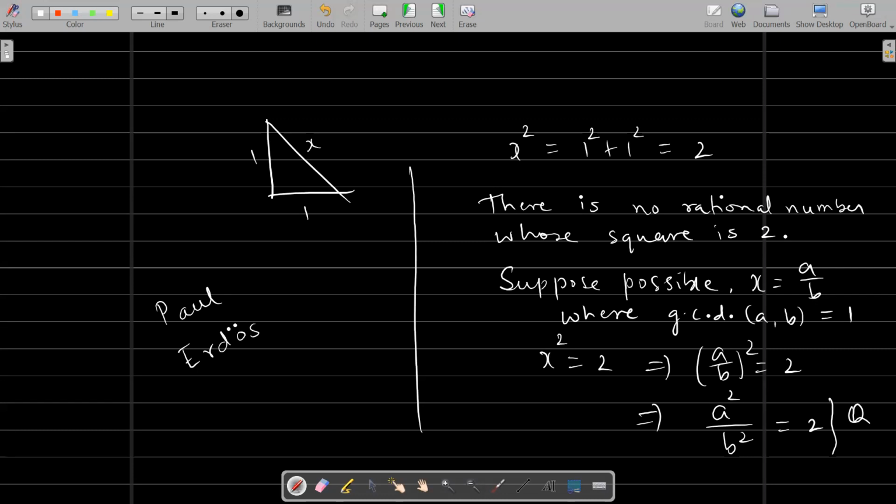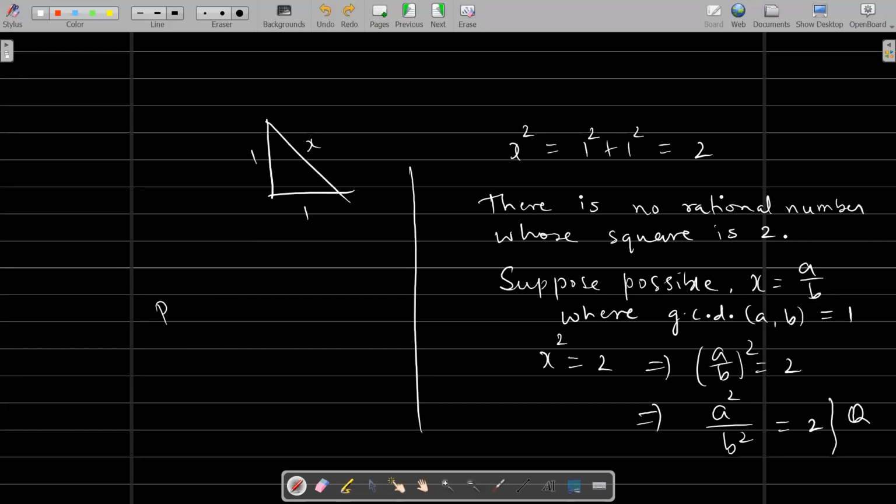He was a great mathematician, and when he was some 12 years old, his father, who was also a maths teacher, told him this proof, and he was very much impressed by it. So later on, he became a great mathematician. Many such mathematicians were impressed by this proof in their early days.